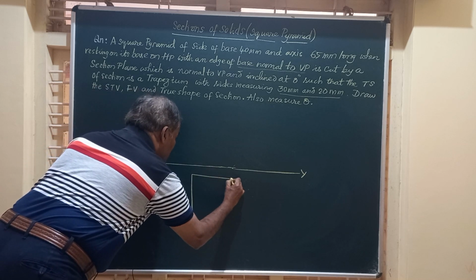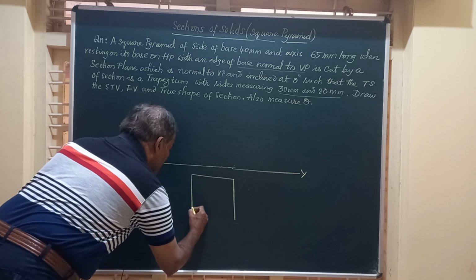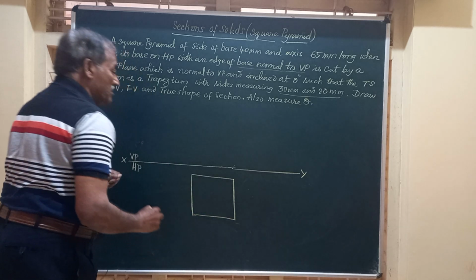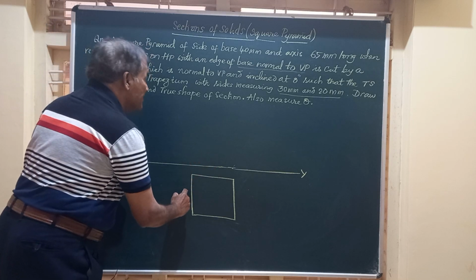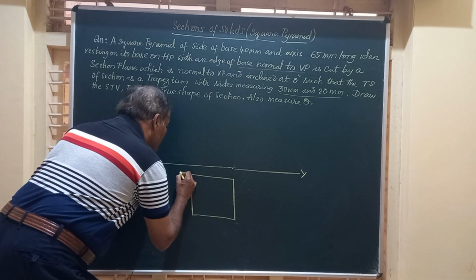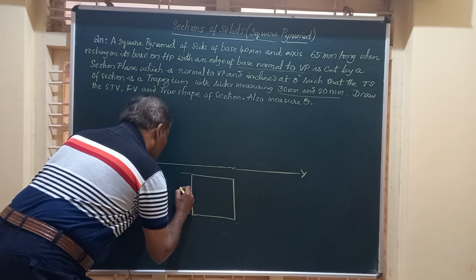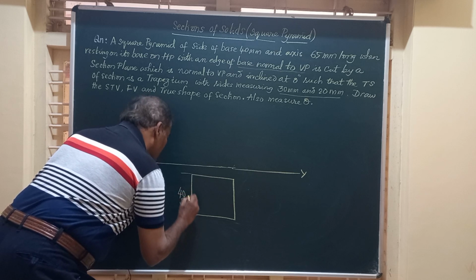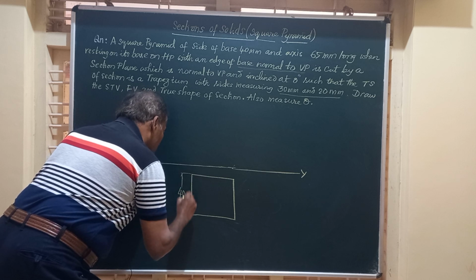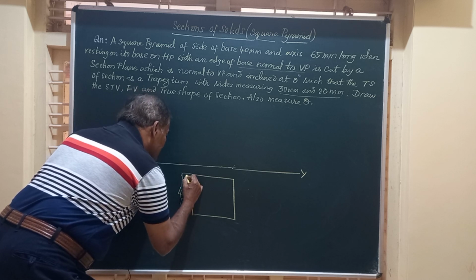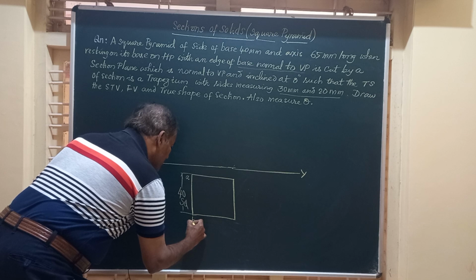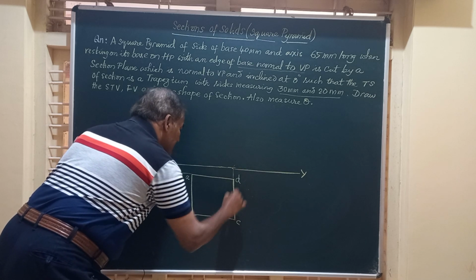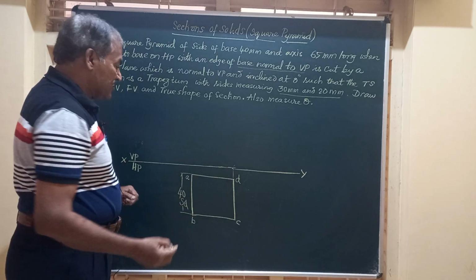So I will draw the solid to the given dimension. It is a square having dimensions 40 mm by 40 mm, so I will call this 40 SQ. SQ indicates it is a square. And we will label this as A, B, C, D. So this figure represents the base of the solid.